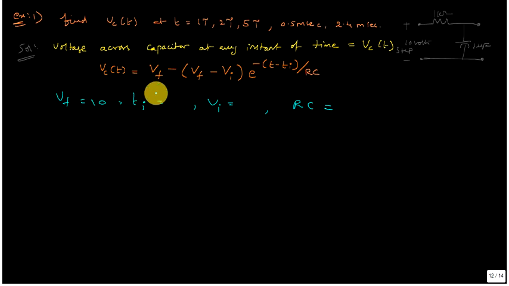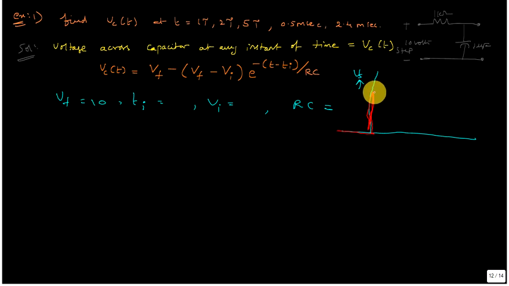Ti means the initial time where you are applying the input voltage, that is 10 volts. A 10 volt step is defined like this. If Vs is the source voltage, a 10 volt step signal always starts at 0.